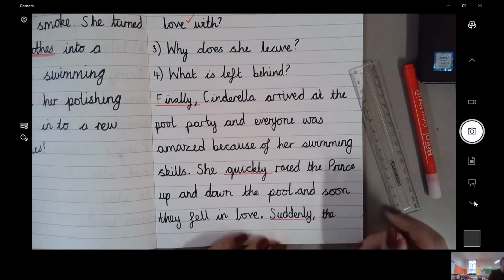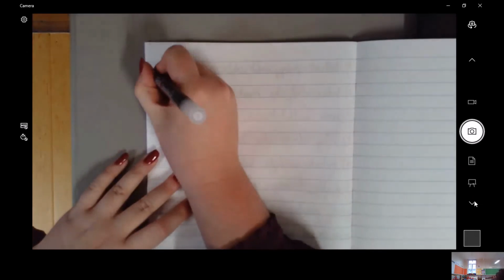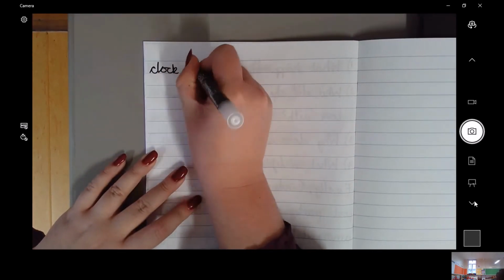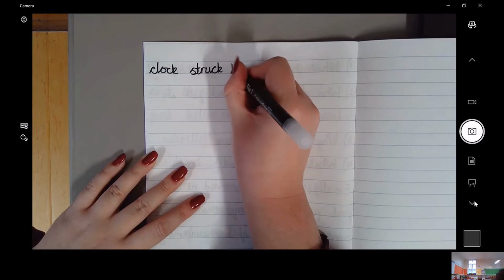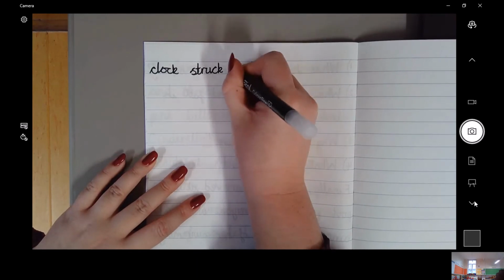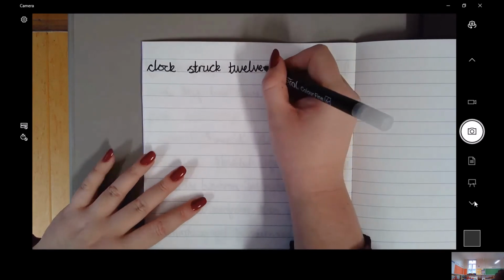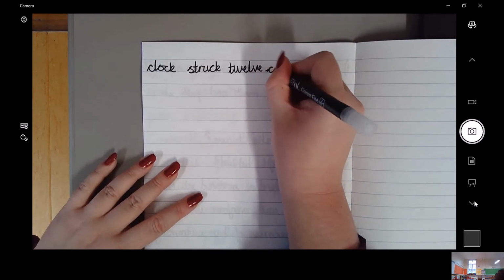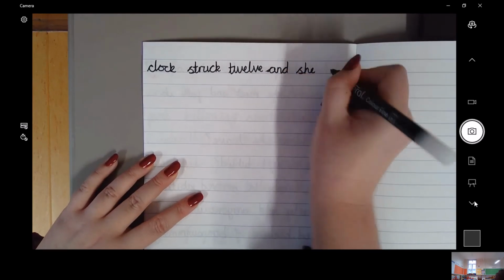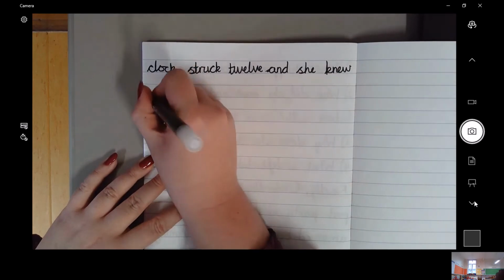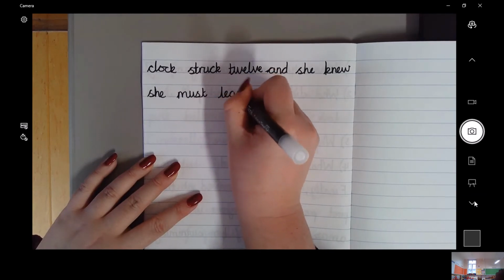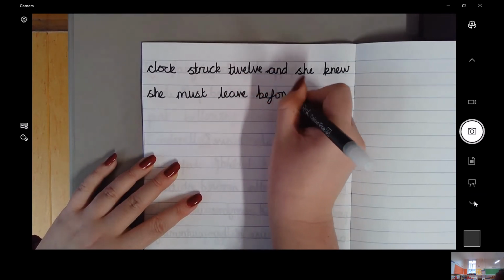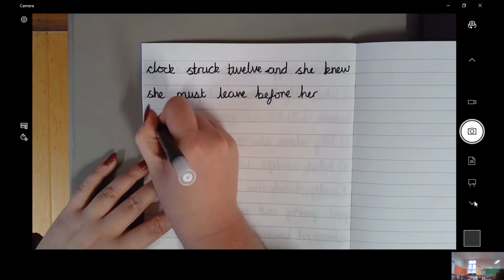Suddenly, the clock struck 12. And she knew she must leave for her parents.